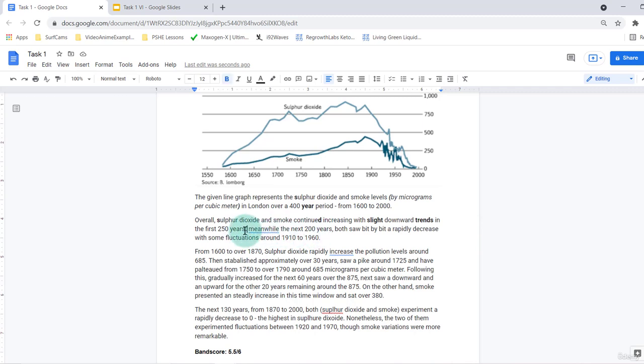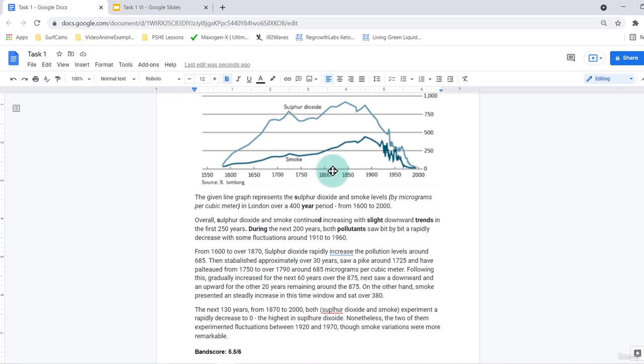Meanwhile, the next two, during the next, as Google Docs just suggested, I think that makes more sense. During the next 200 years, both pollutants saw bit by bit a rapid decrease. 50, 100, 150, 200, 250.